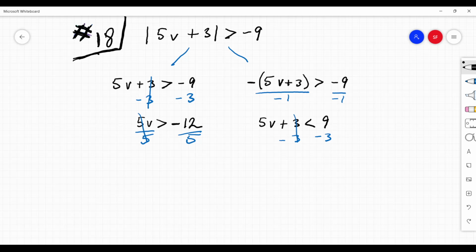So the left equation, what do I end up with? V is greater than -12. Do you want that in decimal or just do it in fraction? You probably want it at least in a mixed number, because then you can graph it.